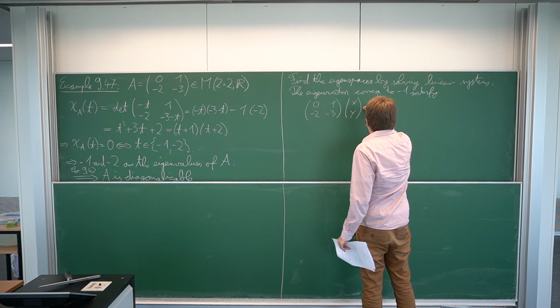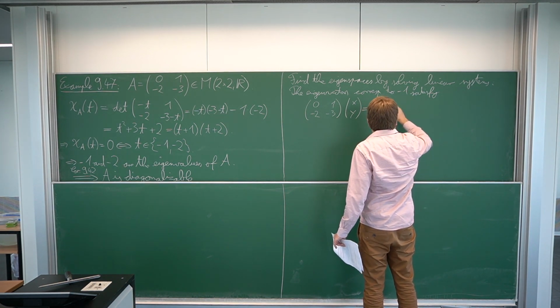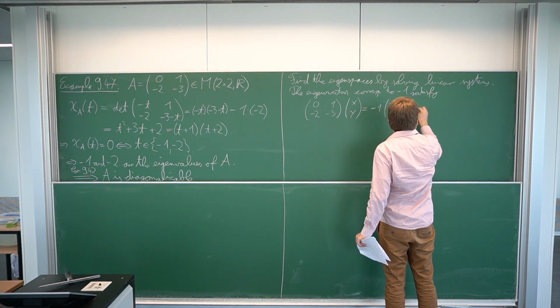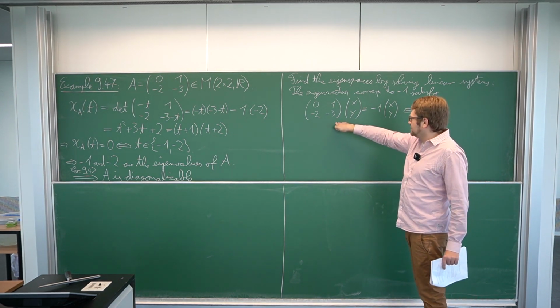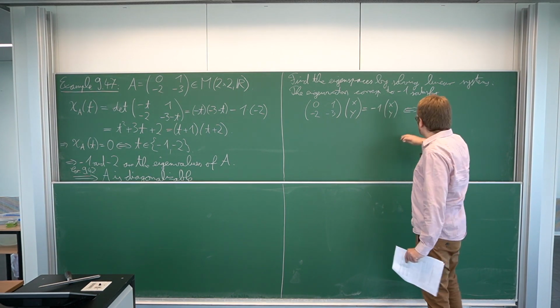This times the vector must be minus 1 times xy. If we write this down with matrix multiplication and consider it component-wise, we get 2 equations, one for the first and one for the second component.